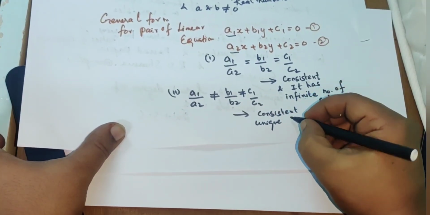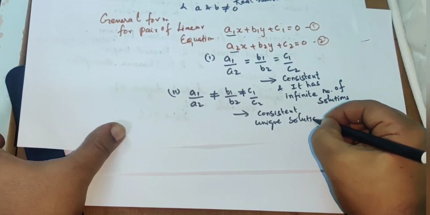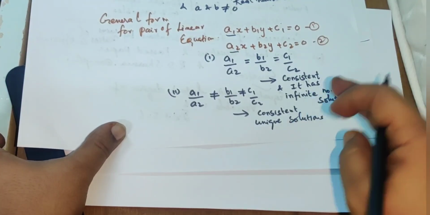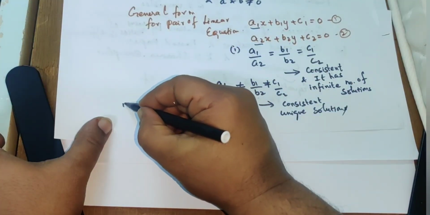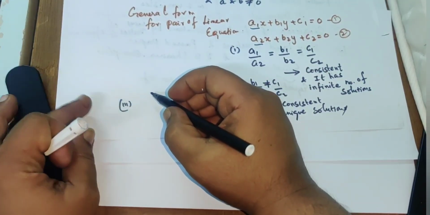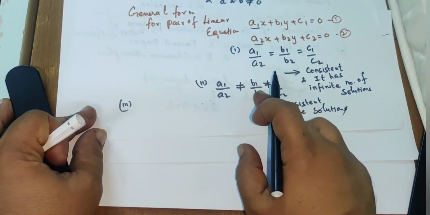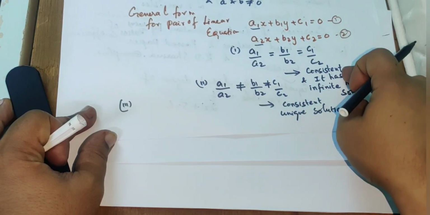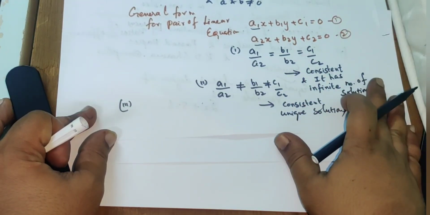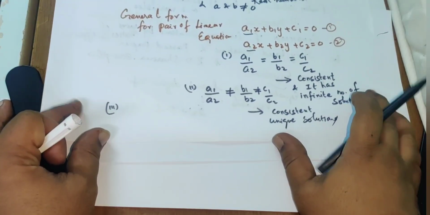How will you get a unique solution? This system is also consistent, and you will get a unique solution. Okay, the third type, where all the ratios are not equal, is consistent with a unique solution. All the ratios equal is also consistent, and it has an infinite number of solutions. Many solutions we are going to be getting.